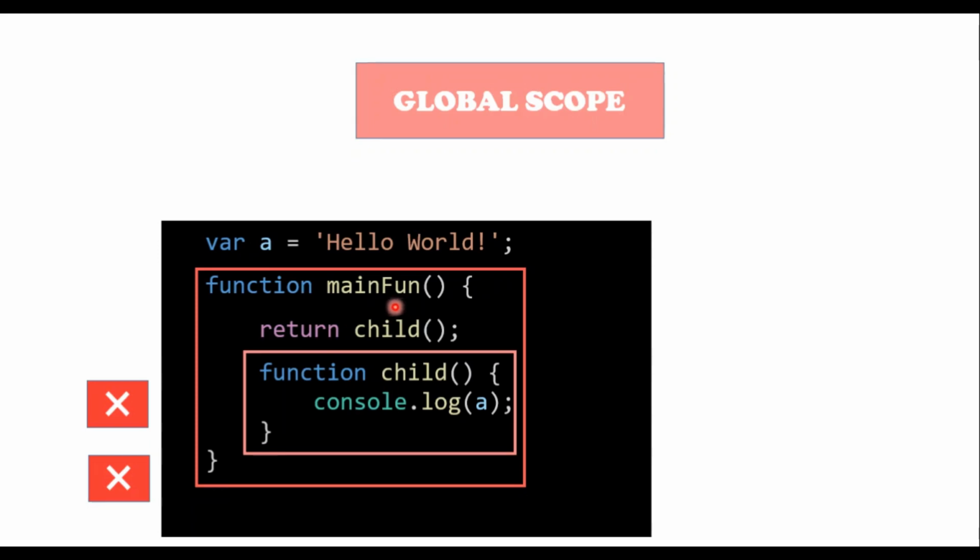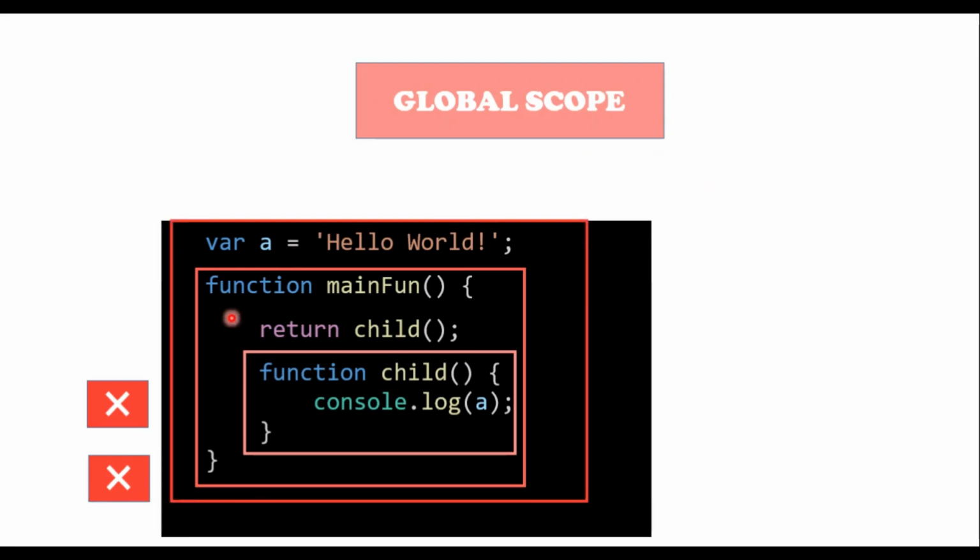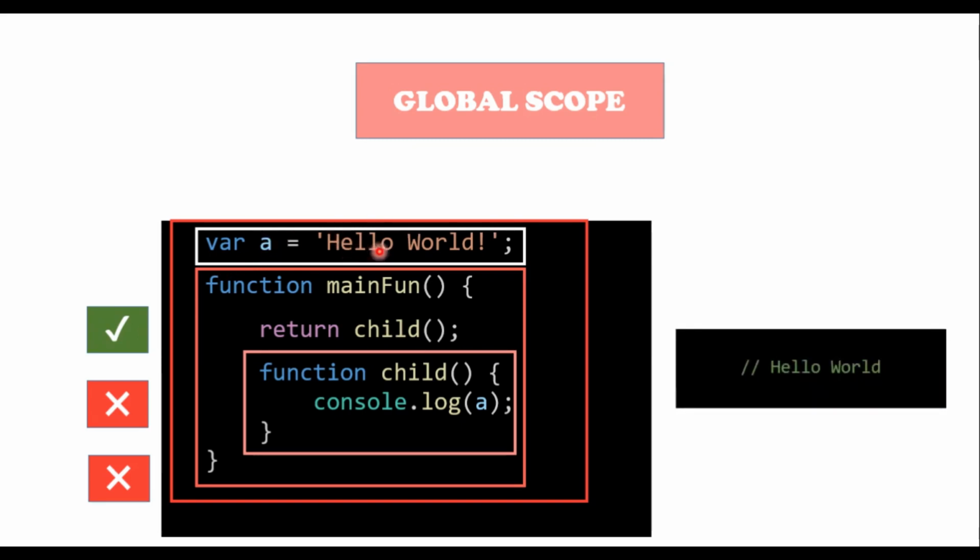So it will move again upward to the global scope, and here it finds this a, "hello world", and it will fetch the value from this a, and console log it, and we will get the result "hello world". So you see, this is the lexical scoping.